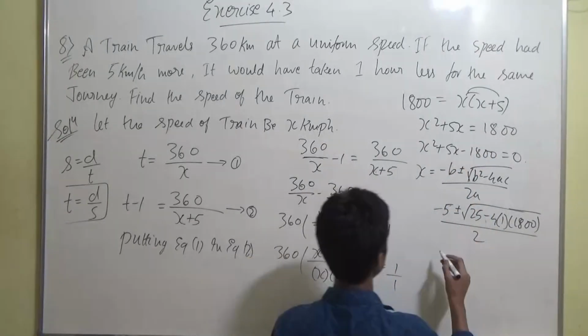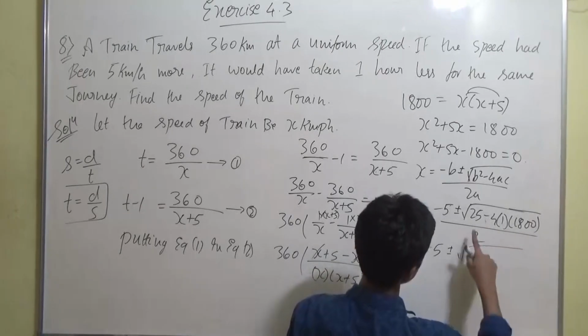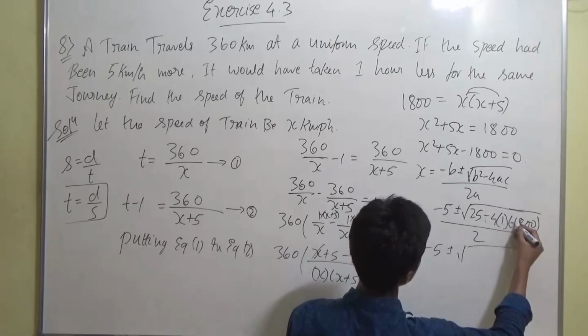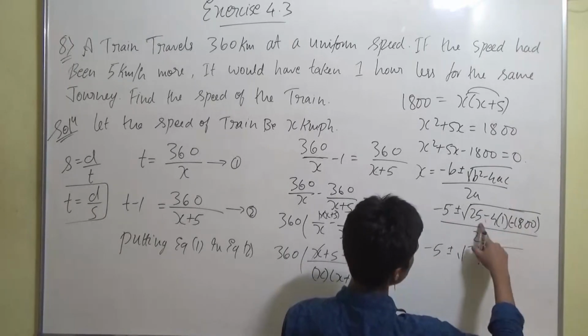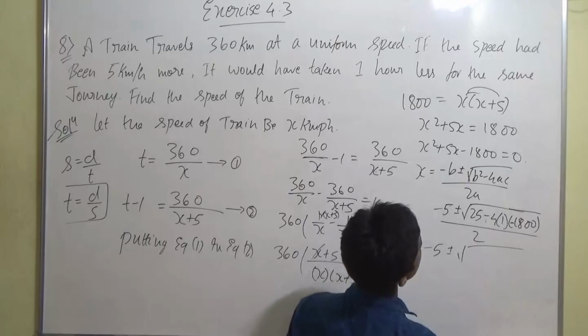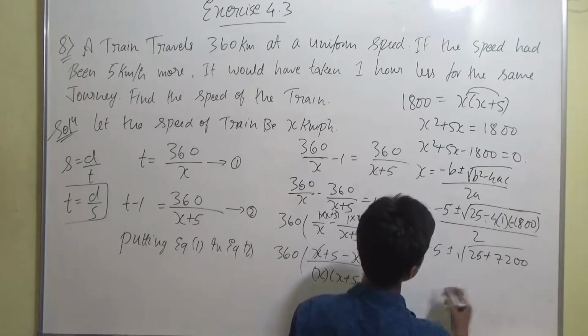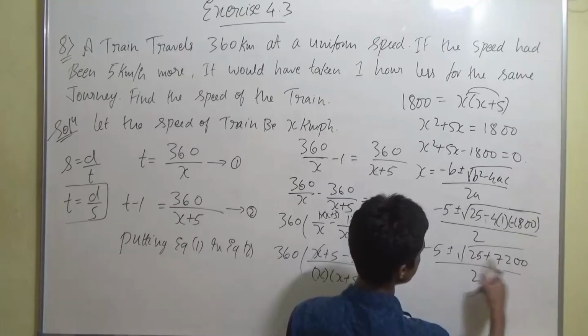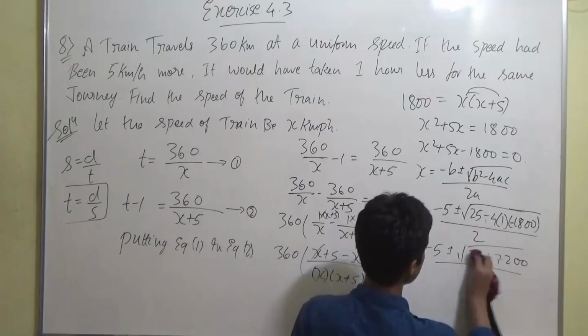Here it will become minus 5 plus or minus root over 25, here minus into minus 1800 will become plus, so it will become 25 plus 7200, by 2. So this will become 7225.